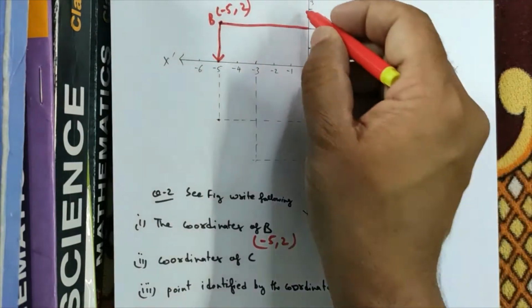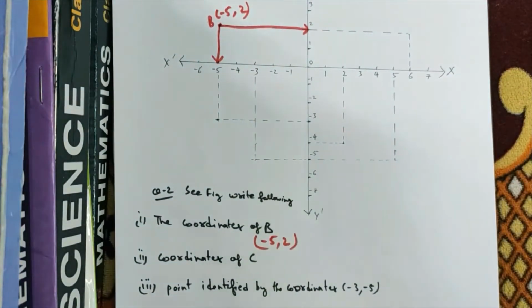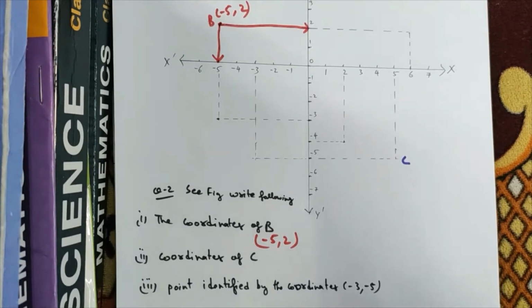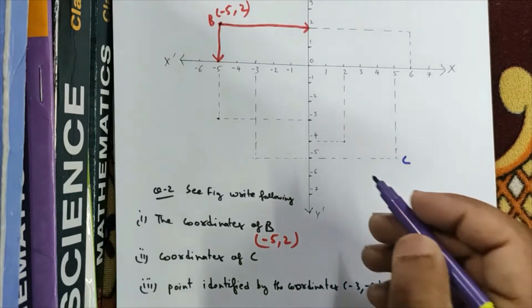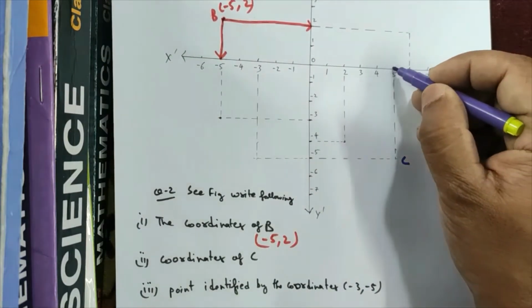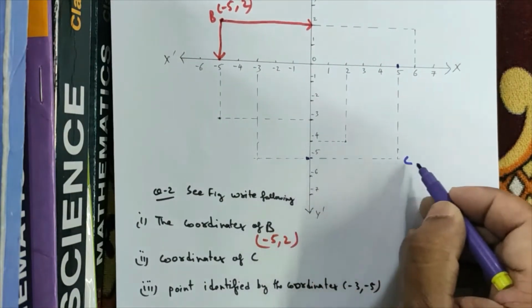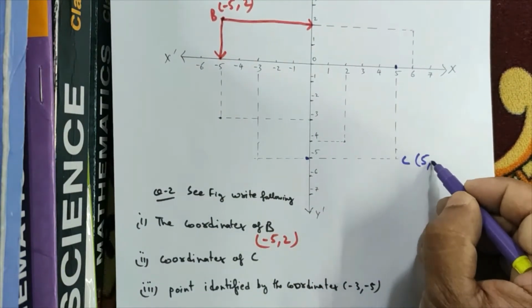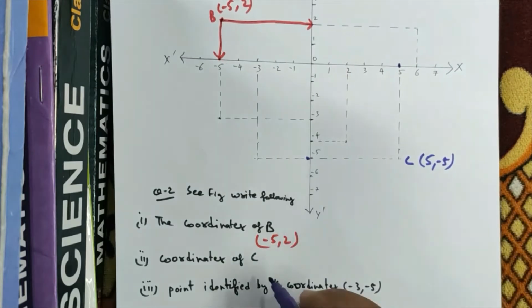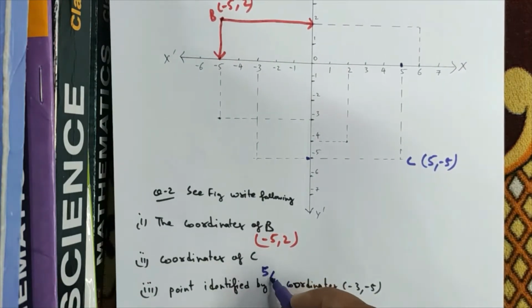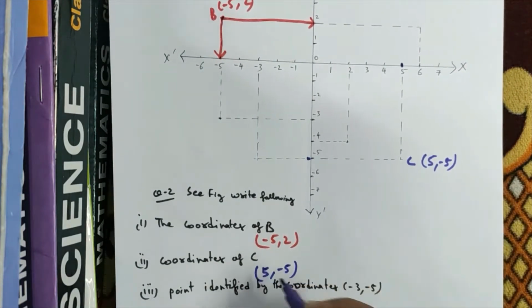Similarly, in the second part, coordinate of C. The corresponding x coordinate is 5, and the corresponding y coordinate is minus 5. So the coordinate of C will be 5 comma minus 5.